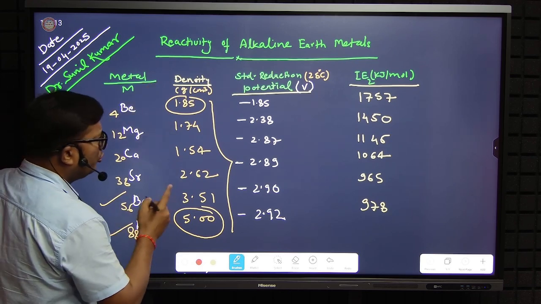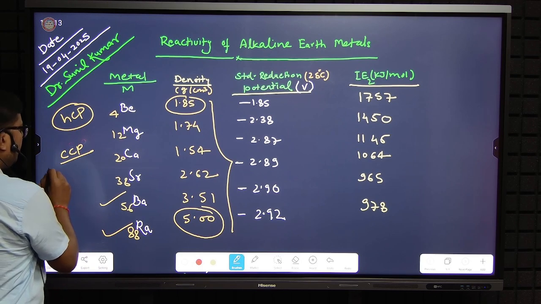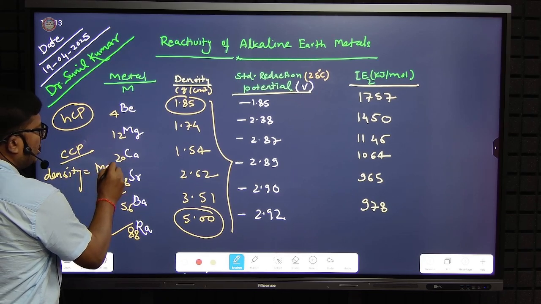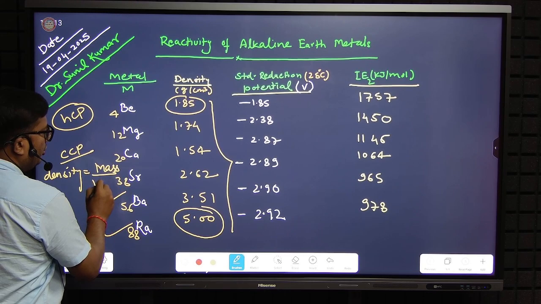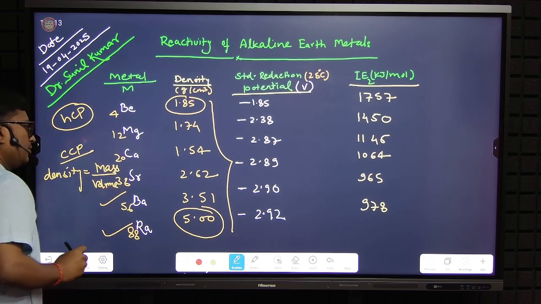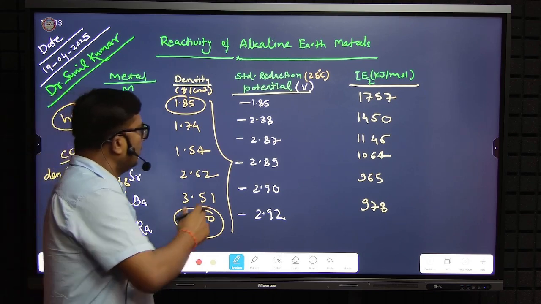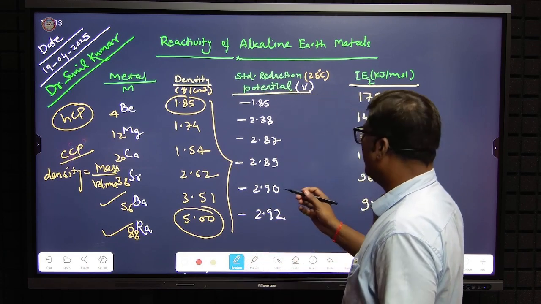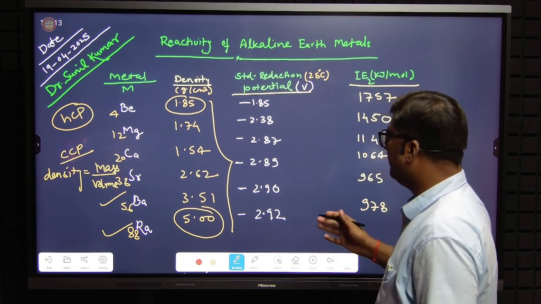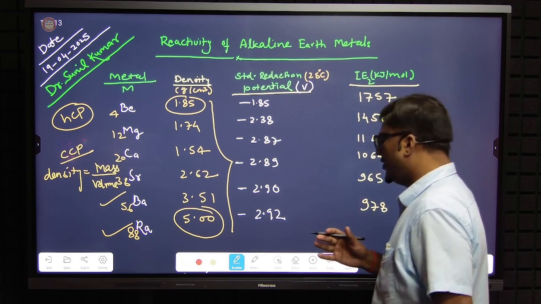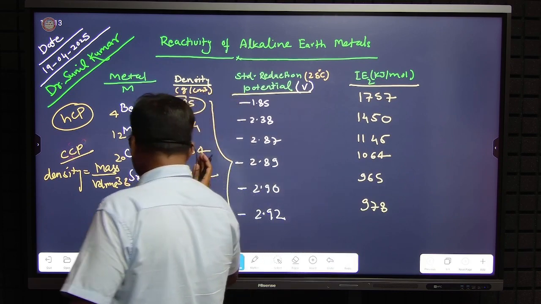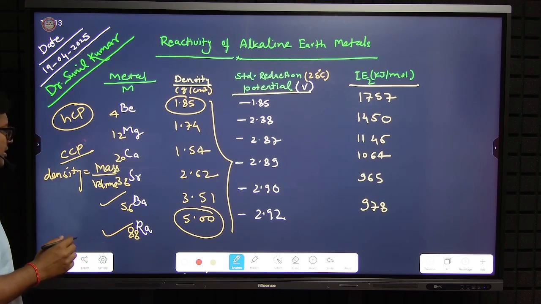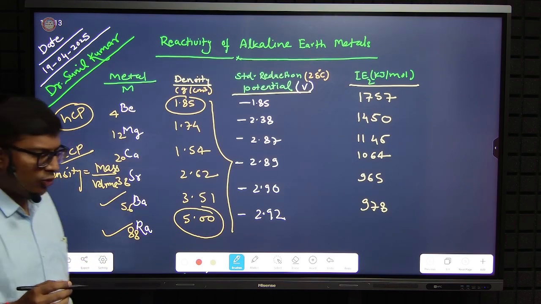And you know that density is mass, that is molar mass, upon volume. So all of you know that the alkaline earth metal cations are smaller compared to the group first alkali metals. Because of the small size, it has lower volume.